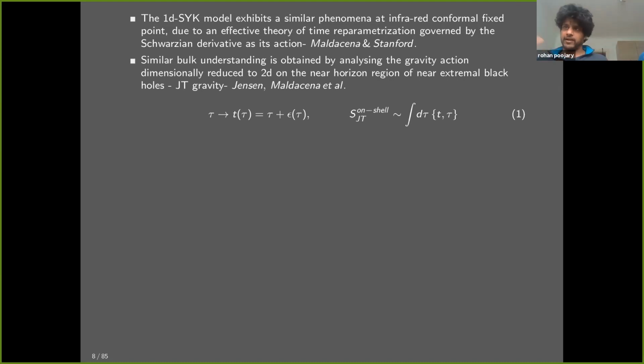You zoom into the near horizon region of near extremal black holes, and you find that this JT action on shell gives you the fluctuations away from extremality, and that is captured by 1D time reparametrization of its boundary time coordinate, given by the Schwarzian derivative. This was the understanding of it.